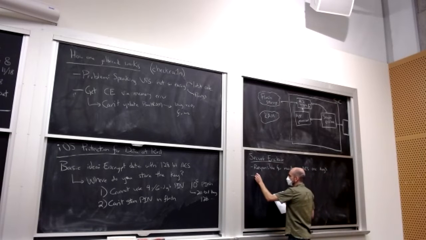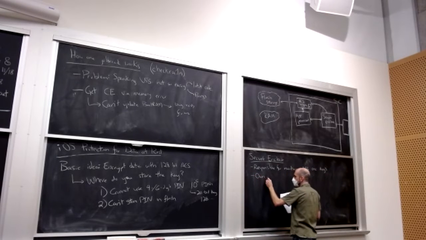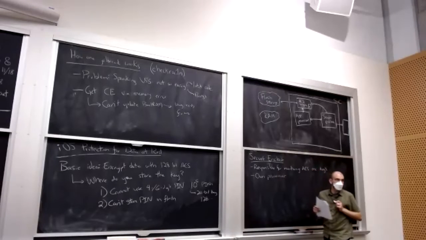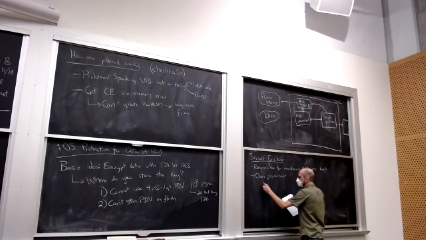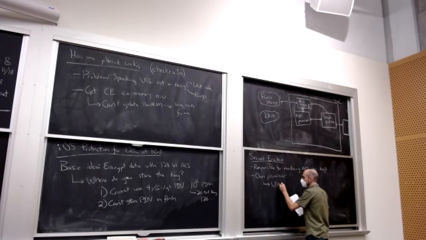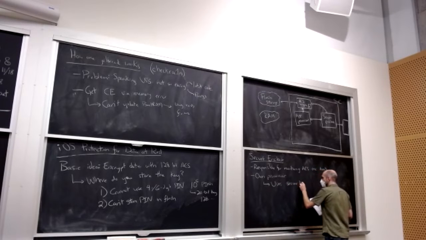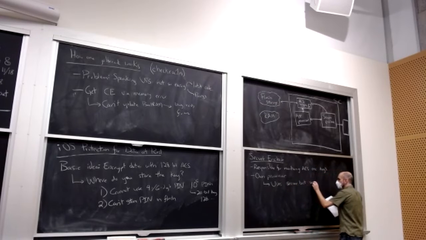This secure enclave is really in some ways its own processor, separate from the application processor. So it's, for example, running its own operating system. It uses its own version of secure boot, separate from the application processor.